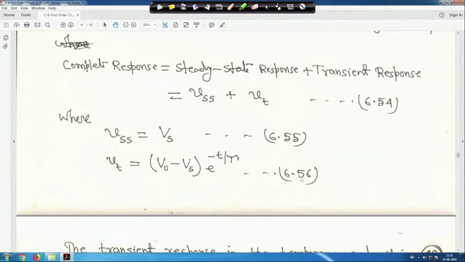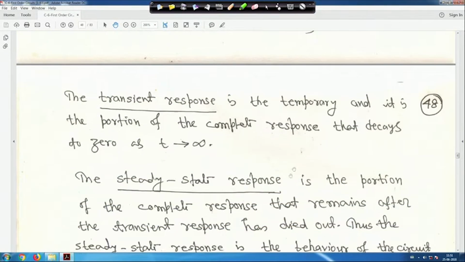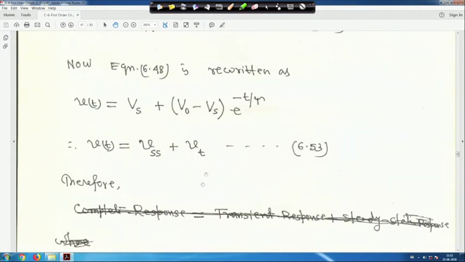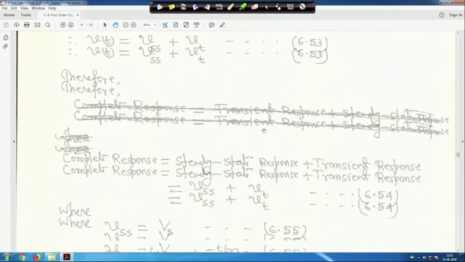Right. So, the transient response is temporary, and it is the portion of the complete response that decays to 0 as t tends to infinity, because when t tends to infinity, I told you this term will vanish. So, transient will vanish, and the only portion left will be the steady state.